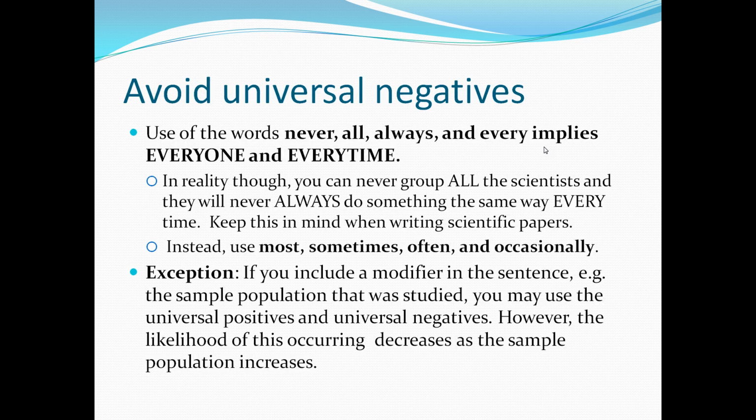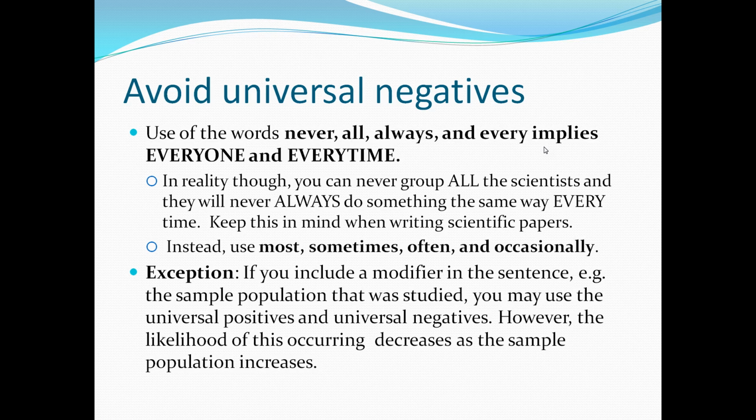Avoid universal negatives. Use of the words never, all, always, and every implies everyone and every time, and we all know that, especially in the scientific world, and in any world, essentially, nobody ever does the same thing the same way twice. There is an exception though, right?